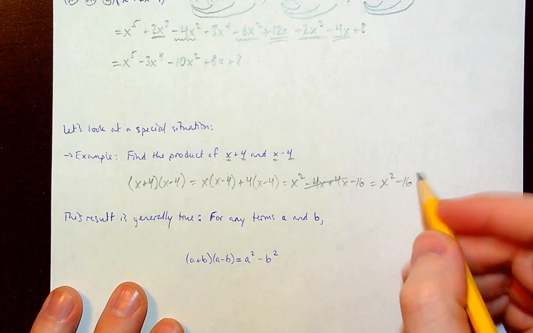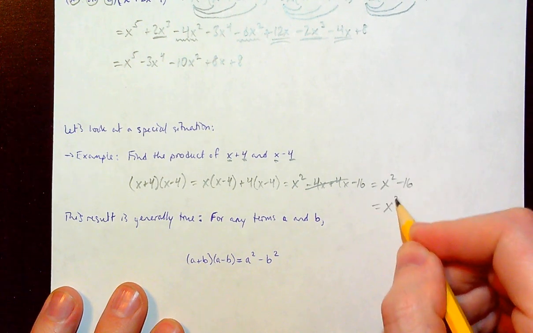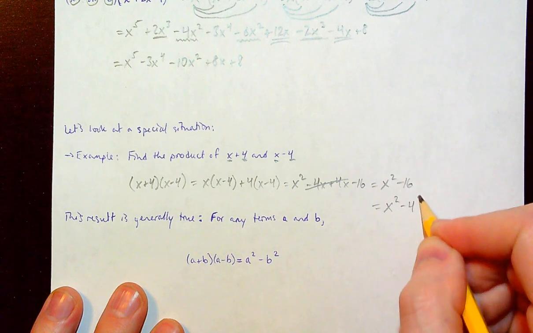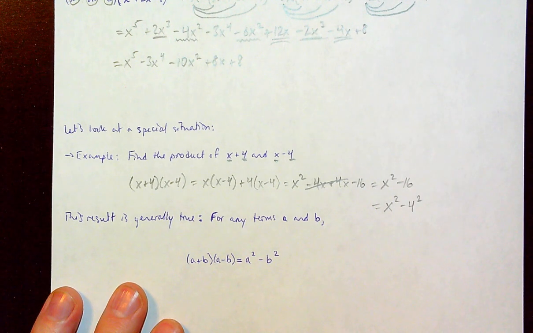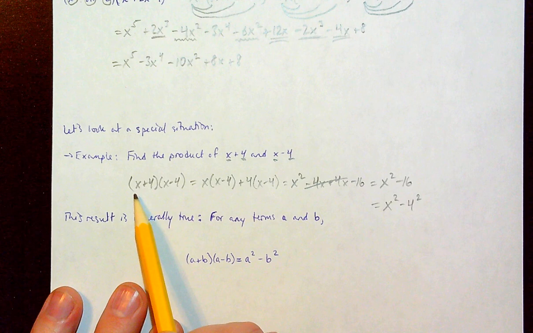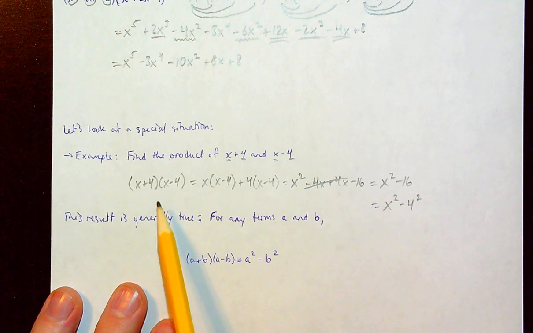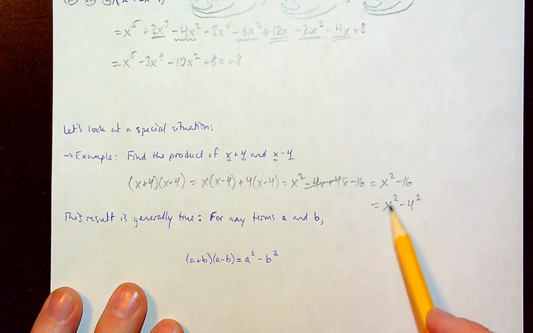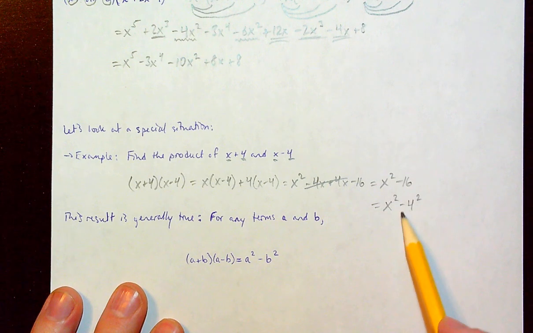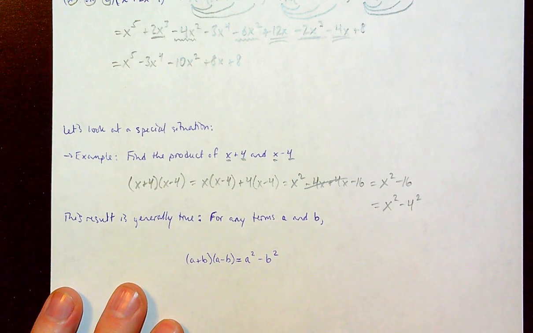But note that 16 is just 4 squared. So when I did x plus 4 times x minus 4, I got x squared minus 4 squared. This result is generally true for any terms a and b whatsoever.